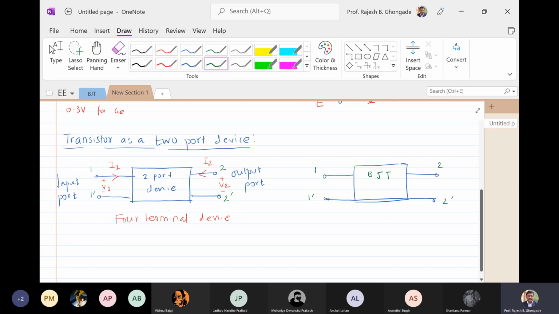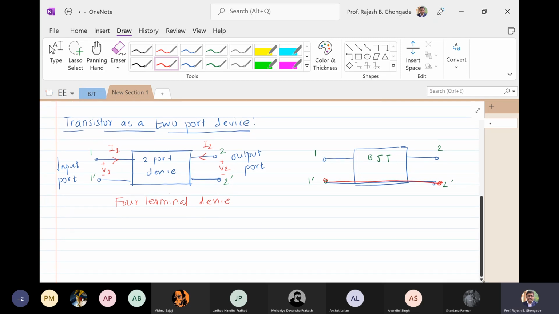You can see here very clearly, this is common. So one terminal you can keep common and represent the bipolar junction transistor as a two-port device or a two-port network. Okay, so this should be fairly simple to understand.